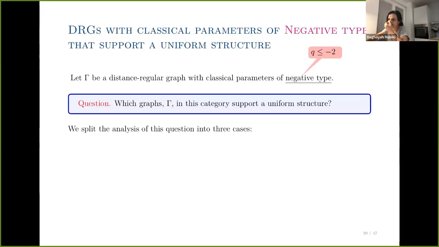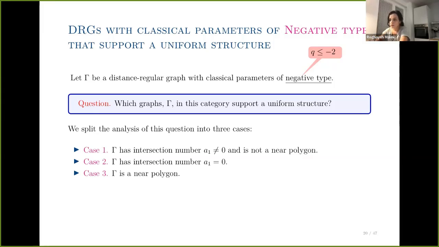All right, so we have our non-bipartite distance regular graph with classical parameters of negative type, and we want to know which graphs gamma in this category will support a uniform structure. In order to do that, we divided our analysis into 3 parts. First of all, we assume that intersection number A1 of gamma is non-zero and it is not a near polygon.